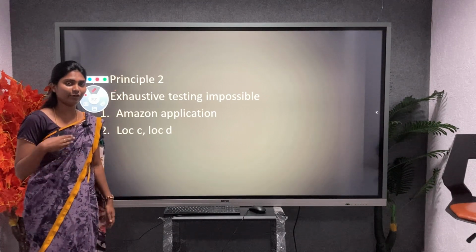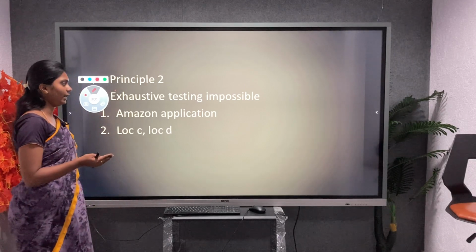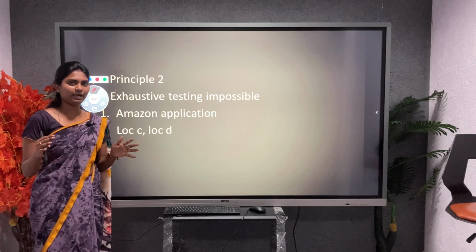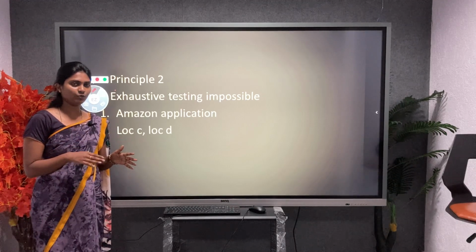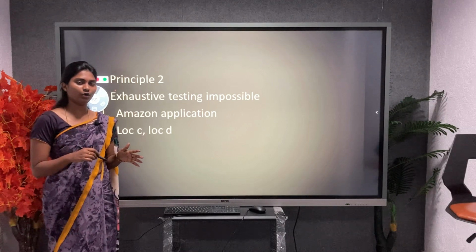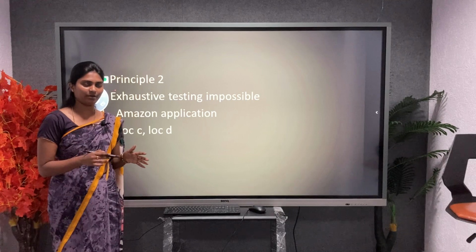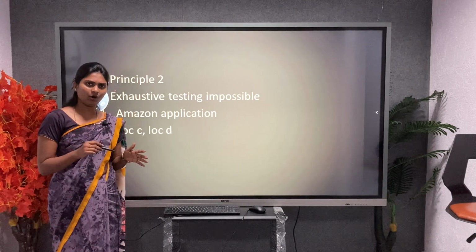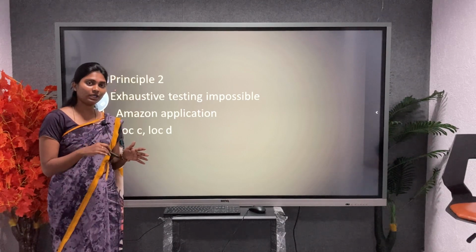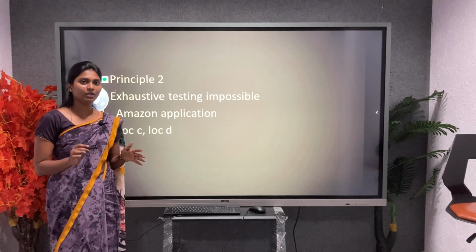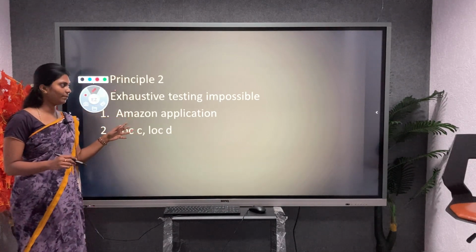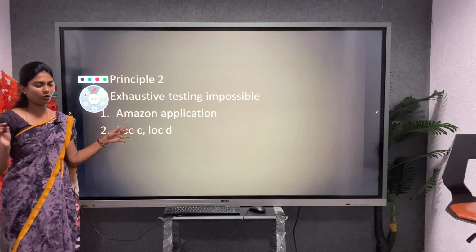When we are giving information to the customer, we will see a lot of data in one storage media. In that storage media also, unwanted data will be there. To delete it before releasing to the market, this unwanted data must be cleared. So how can we clear it? There are two examples which show that testing is impossible.